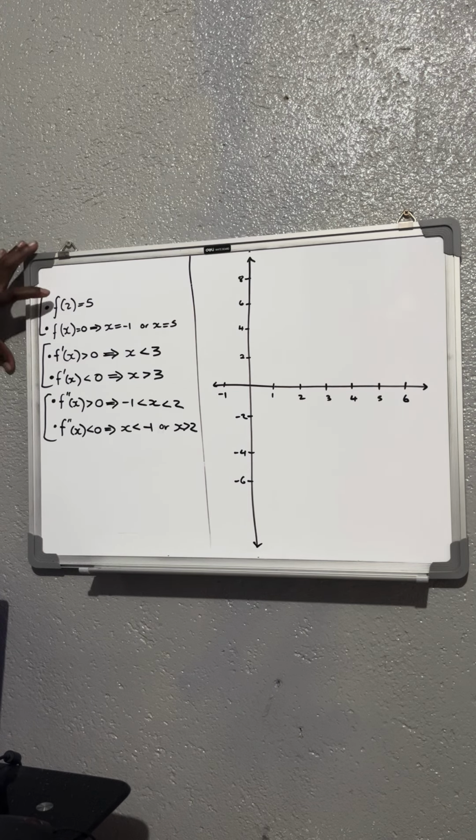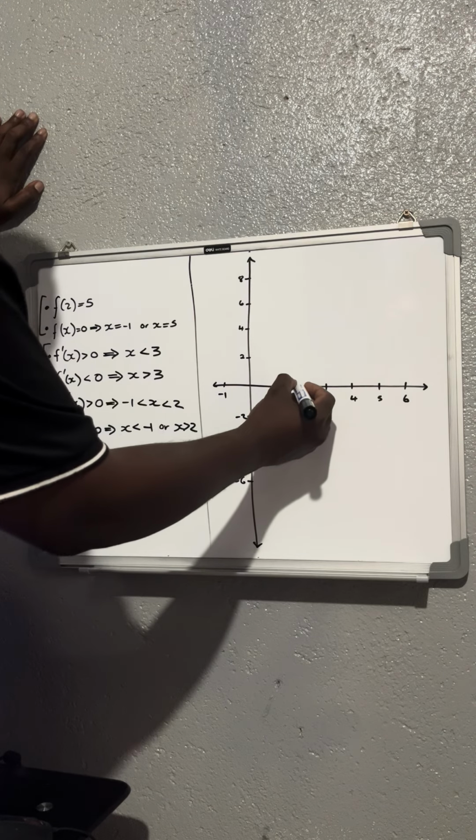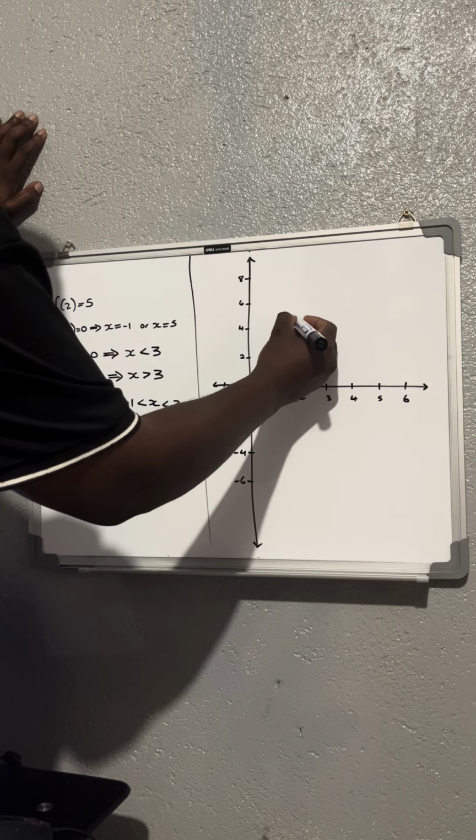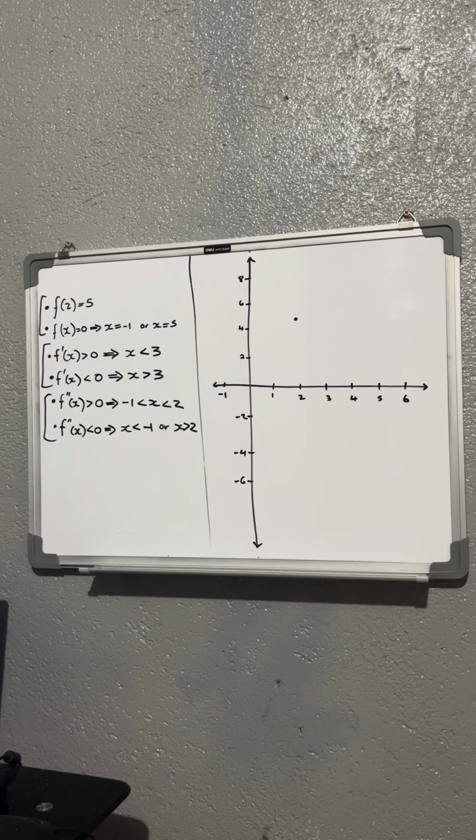They're saying if our x is 2, then we're going to have a value of y that is 5. Then we go and write that one, since we're starting with the simplest one.